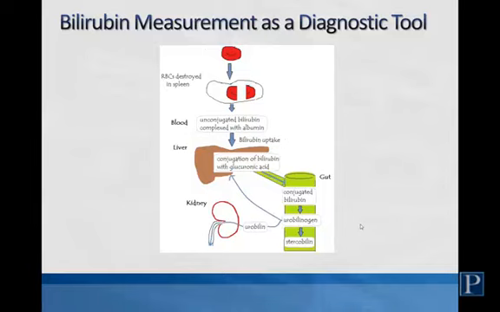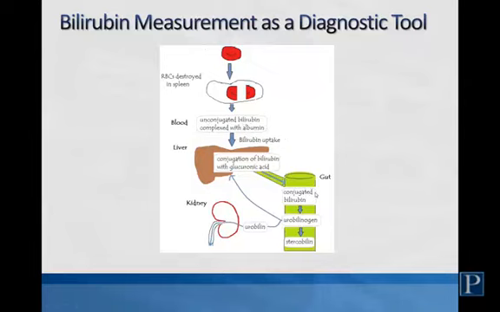Now, other terms that you may hear maybe in lab diagnosis: unconjugated bilirubin is called indirect bilirubin. Conjugated bilirubin is called direct bilirubin. The reason they gave those names comes from some diagnostic tests they use.